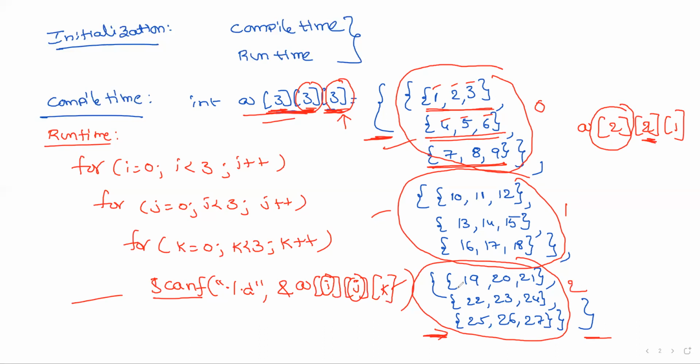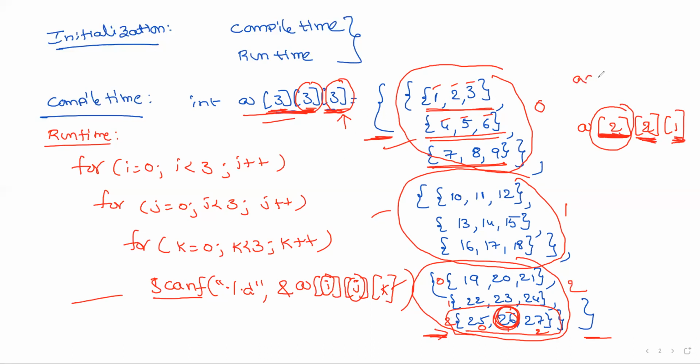Again 2: this is 0, this is 1, this is 2. Now consider this one. Under this one, index 1: this is 0, this is 1, this is 2. Now the element we are getting is 26. You got it? This represents the 2D element position.